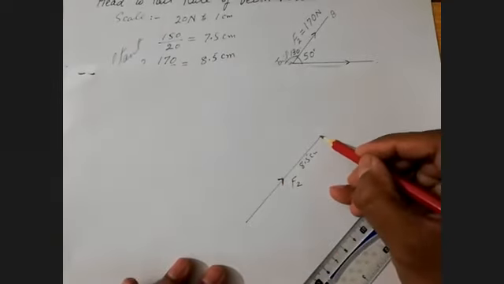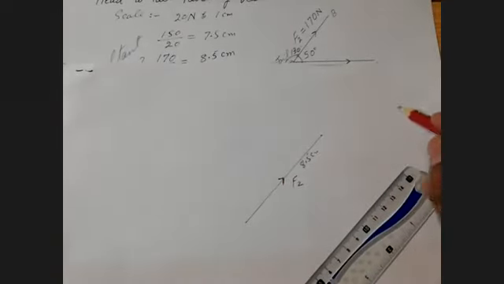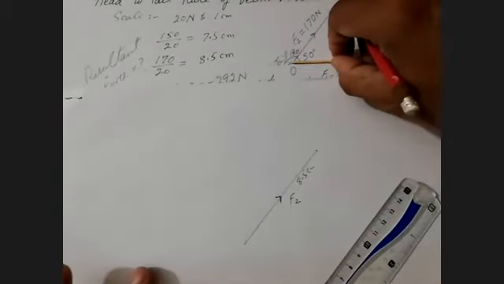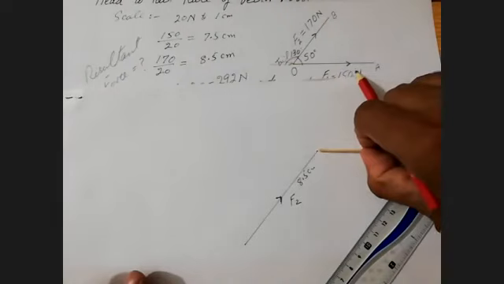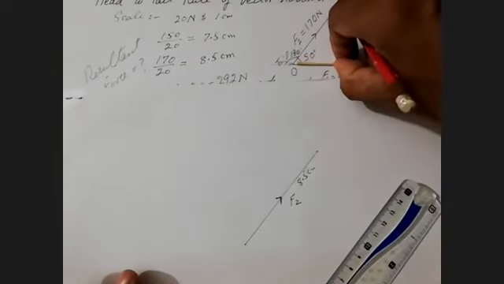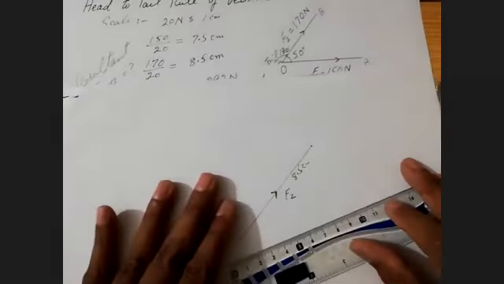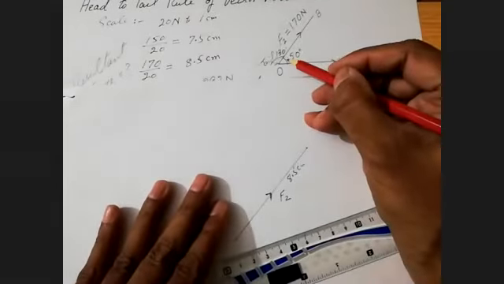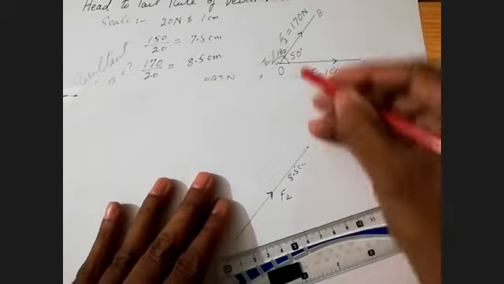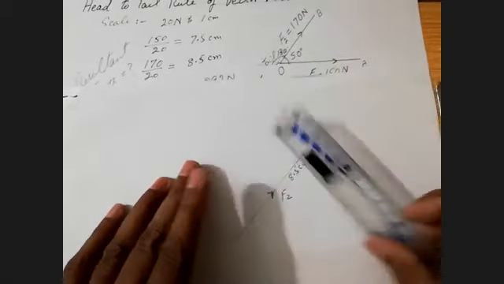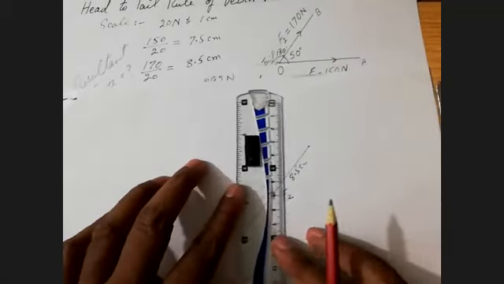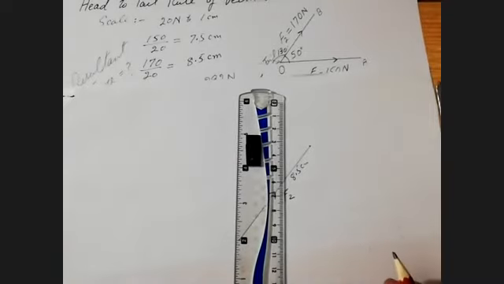Now at the head of the vector F2, I am going to place this F1, like I'm placing it over here. I have to keep in mind that its angle with this force is 50 degree. So to take the angle of 50 degree, what geometrical steps do I have to take?